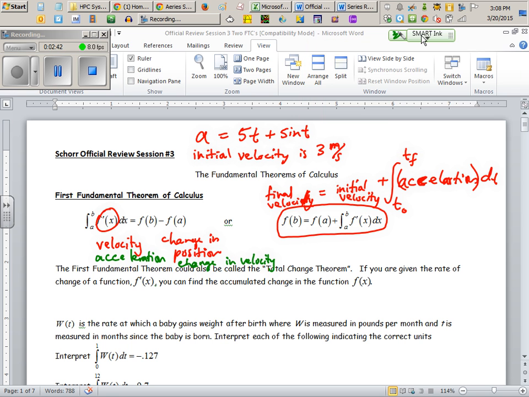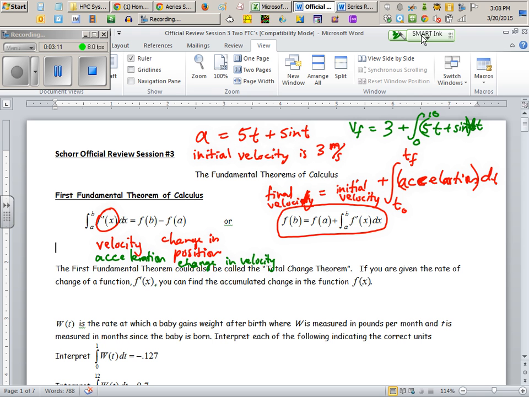You just go, oh, final velocity is just going to be 3 meters per second, because that was the initial velocity, plus the integral of 5t plus sine t dt. And let's say that this happened all between the first 10 seconds. See? So you just integrate from 0 to 10. This gives you the velocity at the 10th second. So it's just a little bit more practical. Instead of getting the change in velocity, you get that final result.